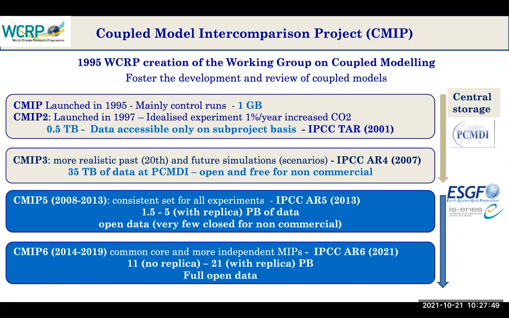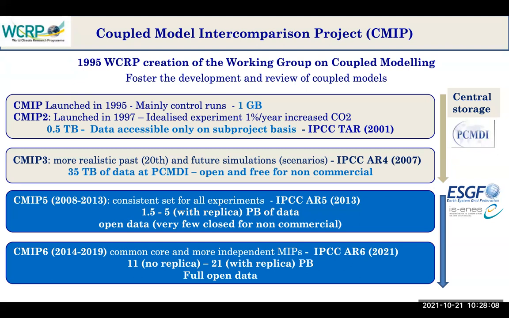CMIP5 was much more open, and just very few had closed access for non-commercial use. With some, at that time, you still needed to be registered, and CMIP6 is now fully open with no restriction.